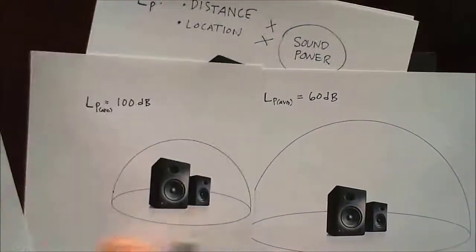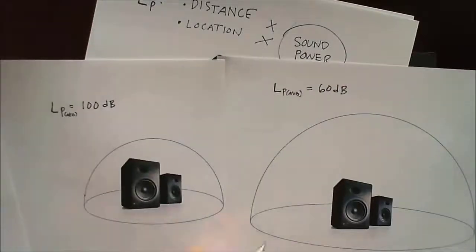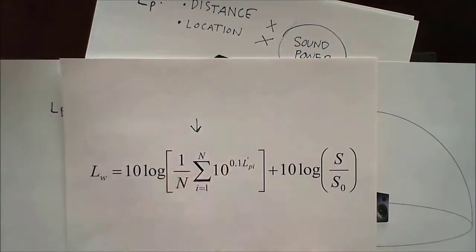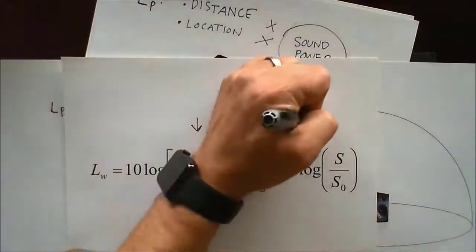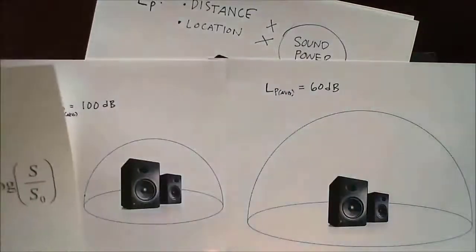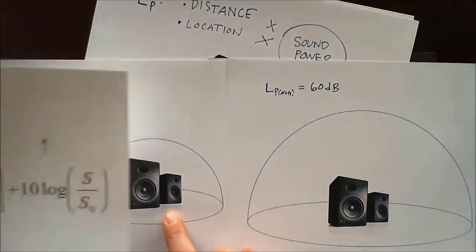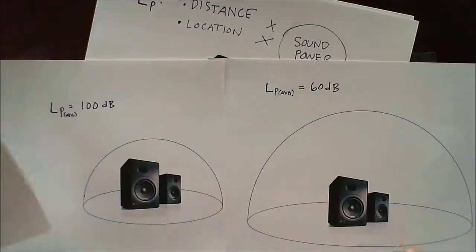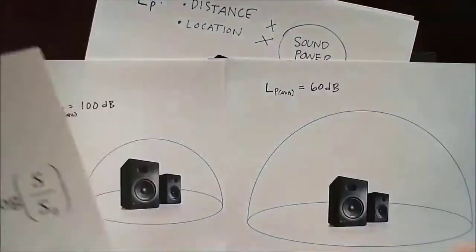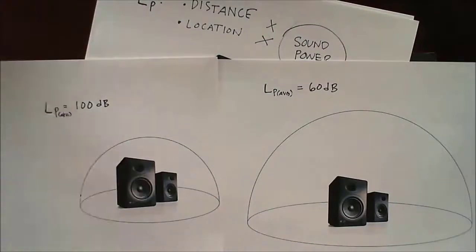But then if we take the surface area of this hemisphere and the surface area of this hemisphere, do logarithms of both of those, this term is going to go up, right? We have smaller pressures and bigger surface area. Smaller pressures, bigger surface area. And the reverse is obviously true as well.